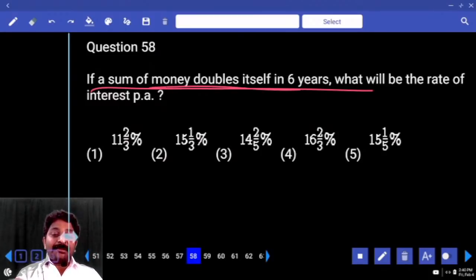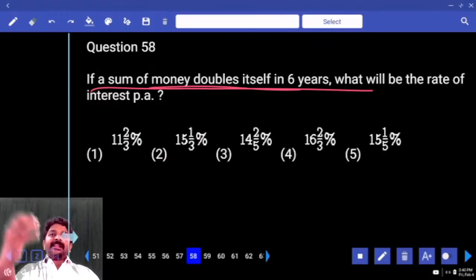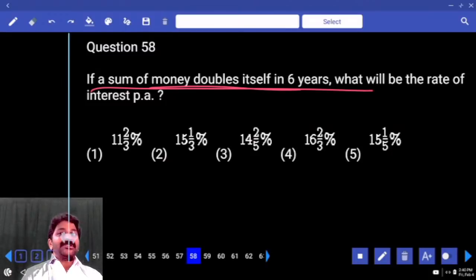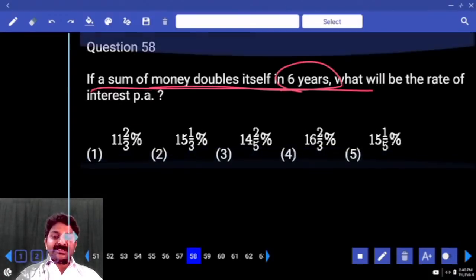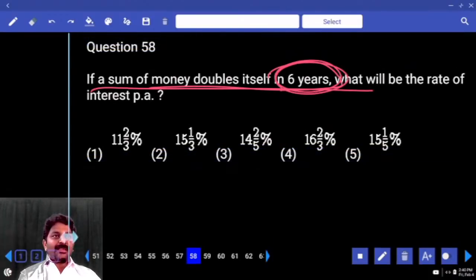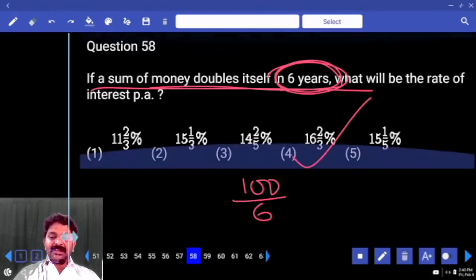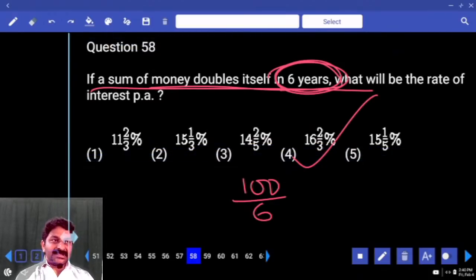According to the condition, it becomes 200%. How much interest did you get? For how many years? Per year? By 6, 16 2/3%. That's all.